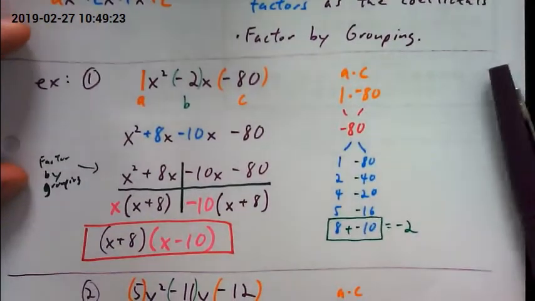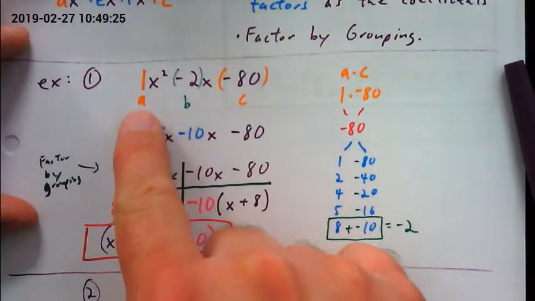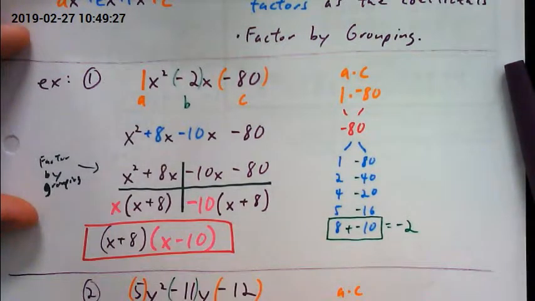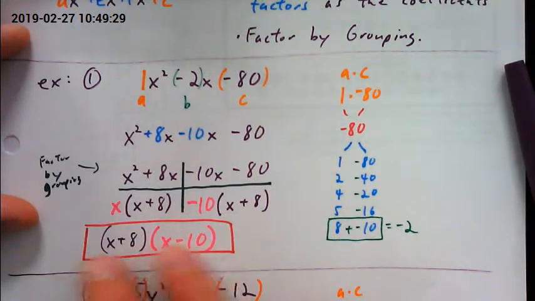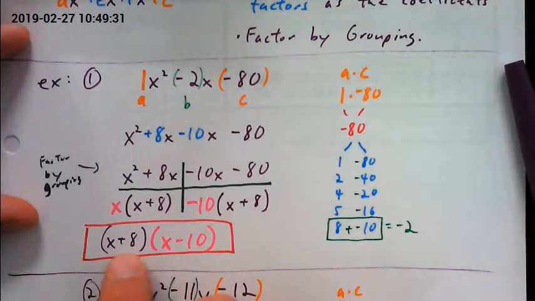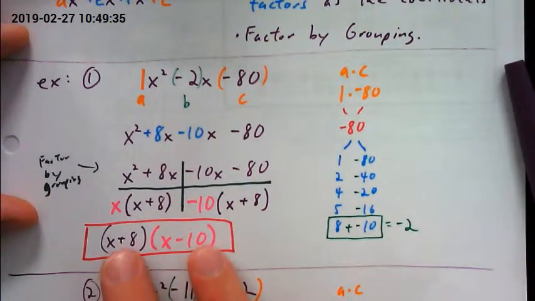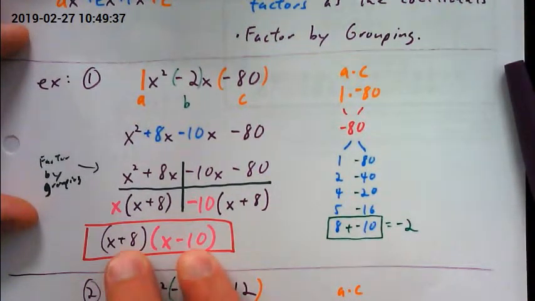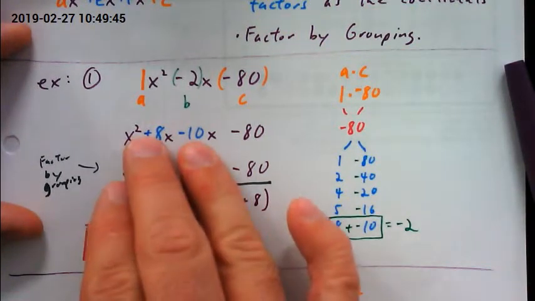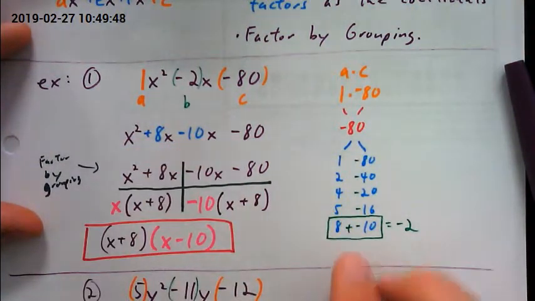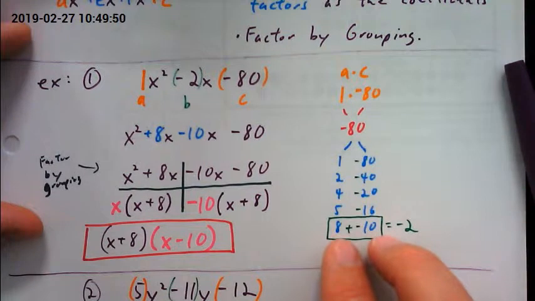If you look at the first problem we did, where we had the lead coefficient of 1, the final answer included x plus 8 and x minus 10. Did we see plus 8 and minus 10 anywhere earlier in this problem? Yeah, right there, because we got those when we did these factors.